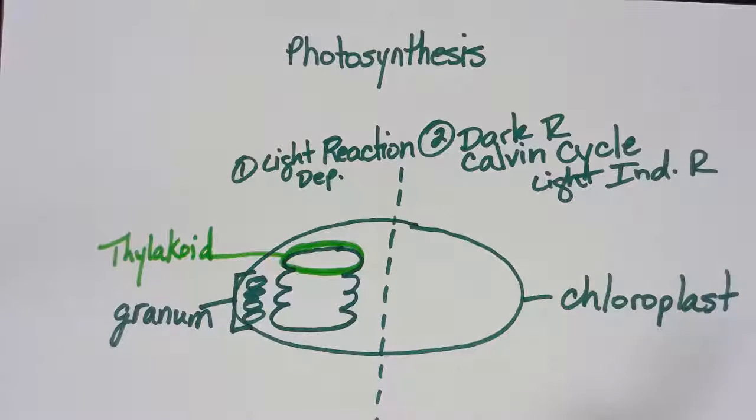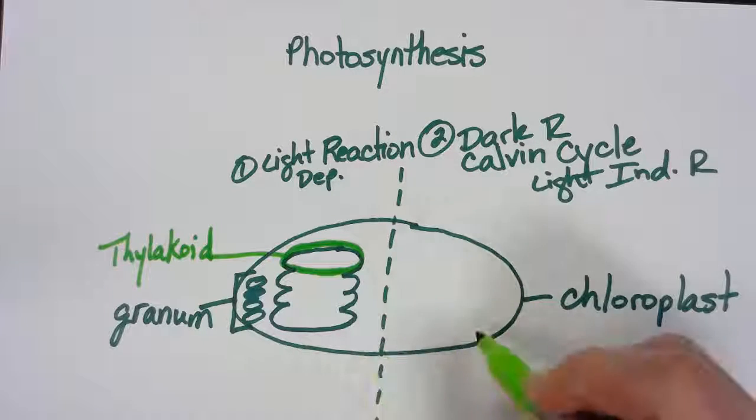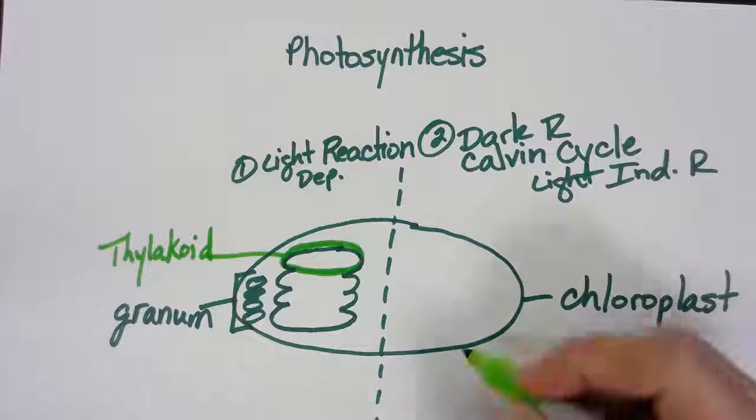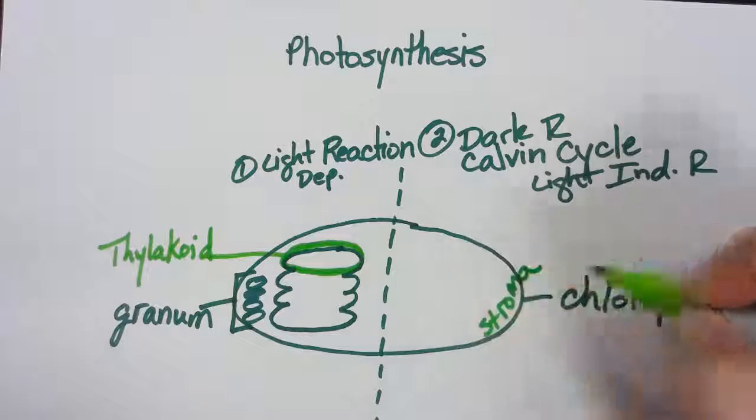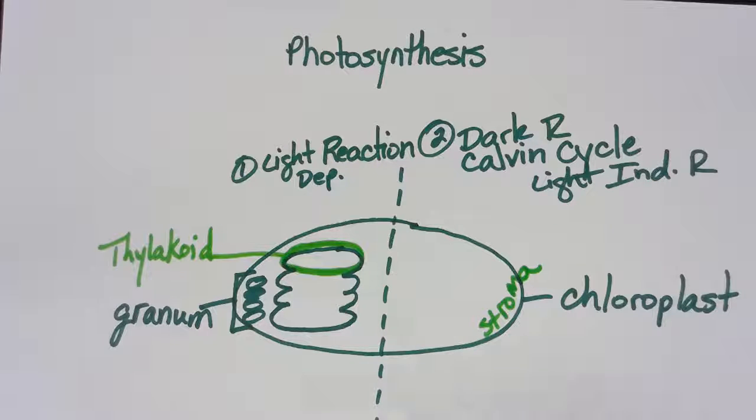Okay, and inside, all throughout the cytoplasm of the chloroplast, we call that the stroma. Alright, now getting back into this, let's talk about the actual process of what is happening.